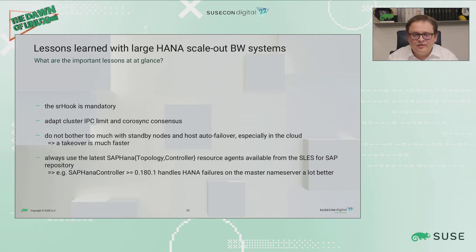And the sum of all good HANA system replication channels determines the status of the cluster system replication. So if one of the HANA system replications fails for one tenant, for example, then the cluster deems the whole system replication has failed.